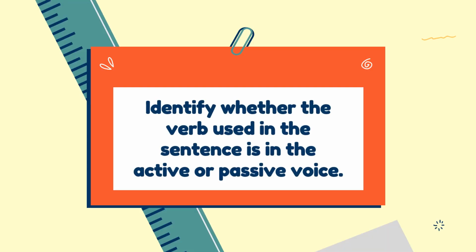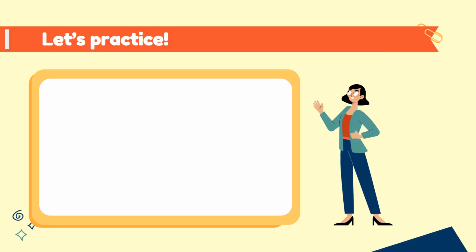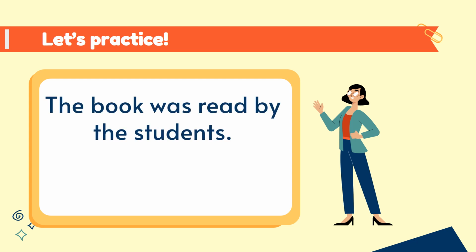Let's practice. Identify whether the verb used in the sentence is in the active or passive voice. The book was read by the students. What's your answer? It's in the passive voice.